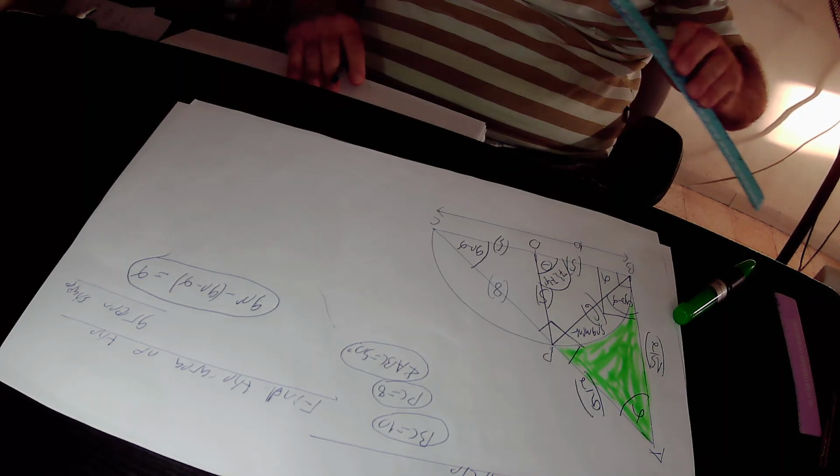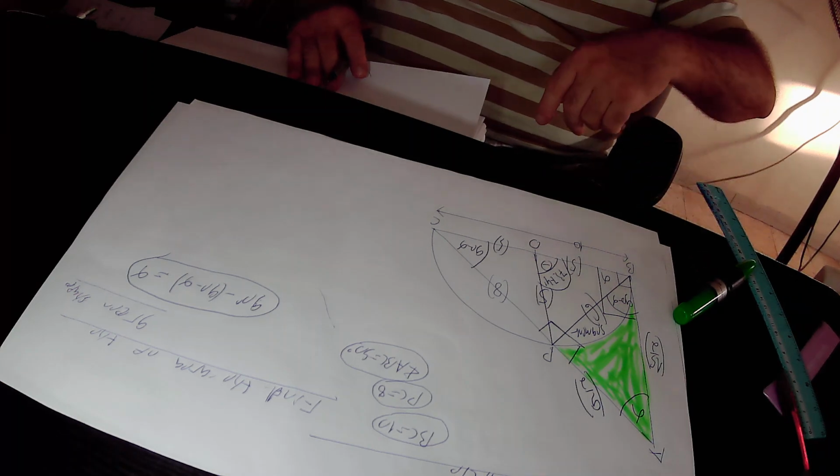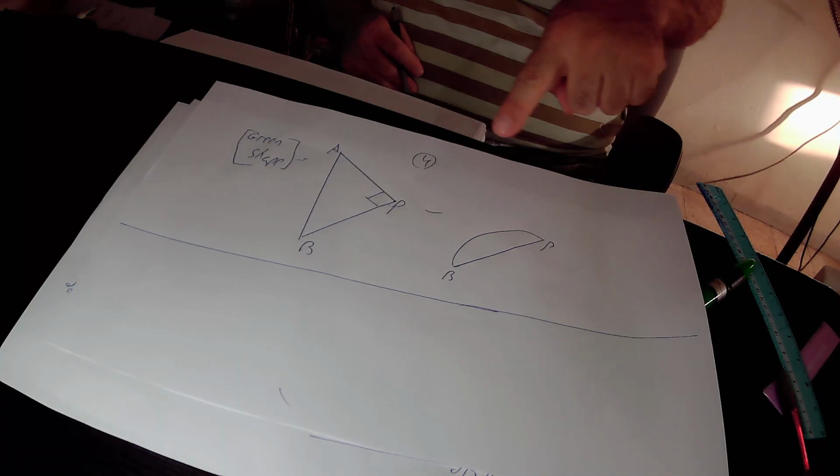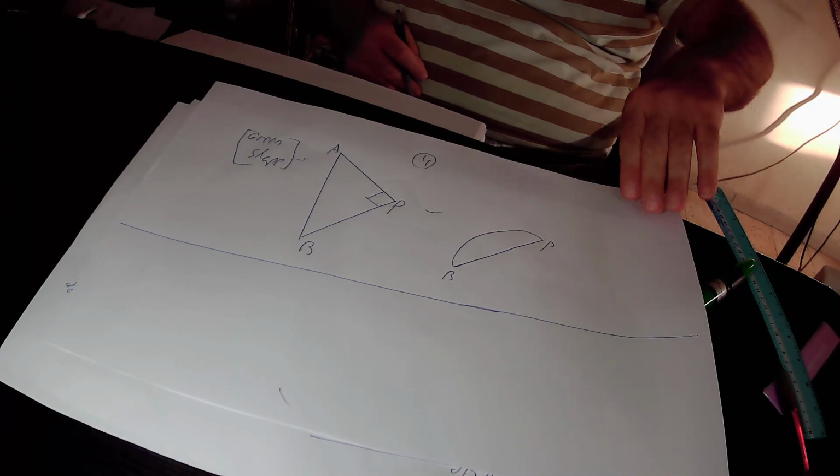Again, the area of this green shape equals the area of the right triangle APB minus the area of segment BP.